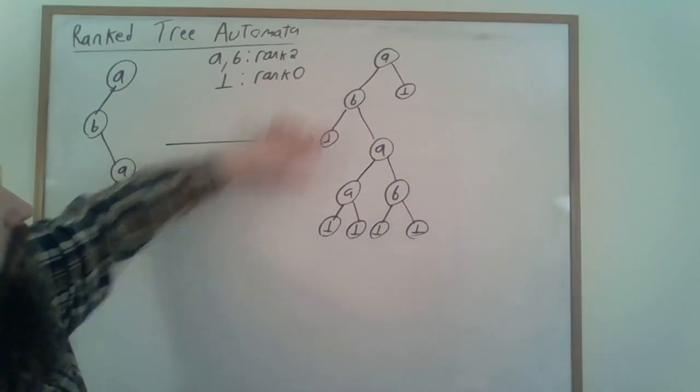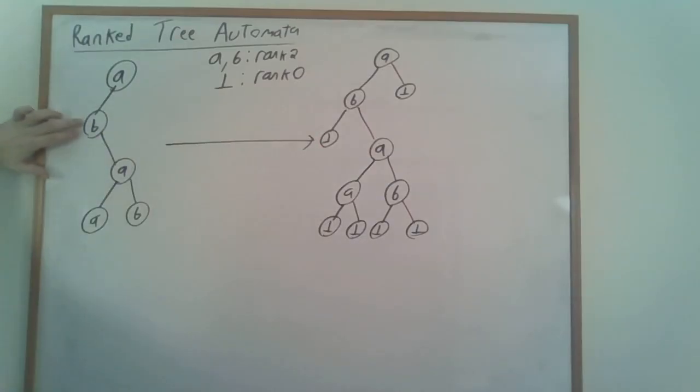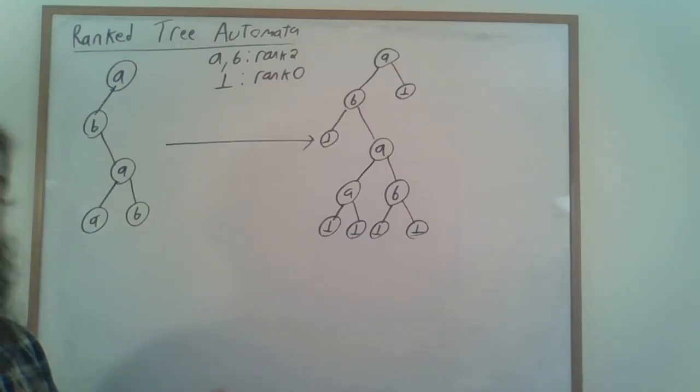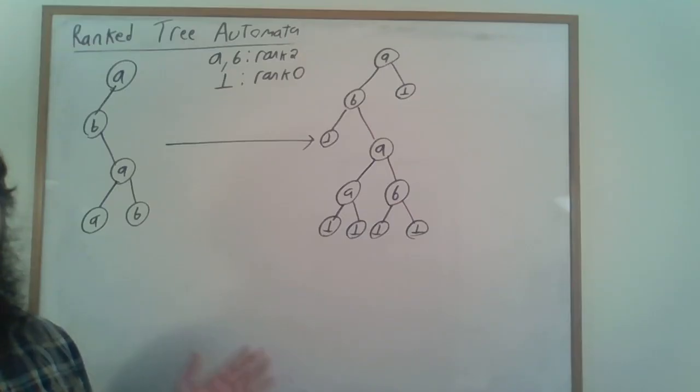If a node sees one of the states coming out of a bottom node, then they know that in the original binary tree automaton there wasn't a child to that side, and so they just do whatever this node would do if it doesn't have a left child. So now we can see that up to some sort of really simple encoding, ranked tree automata and binary tree automata essentially are the same.